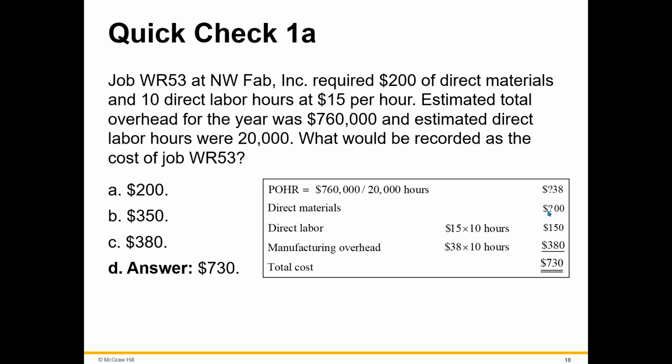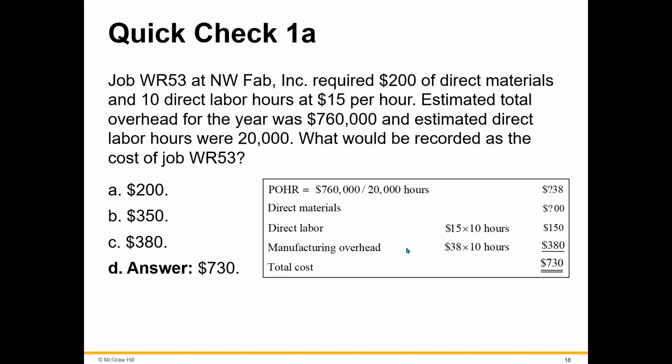Okay, this is 200 direct material. Direct labor is 150. And then the manufacturing overhead, be careful, applied. We applied, not really actual. So 38 multiplied by 10. The 10 is the actual direct labor hours used by the job. 38 is the estimated overhead rate.